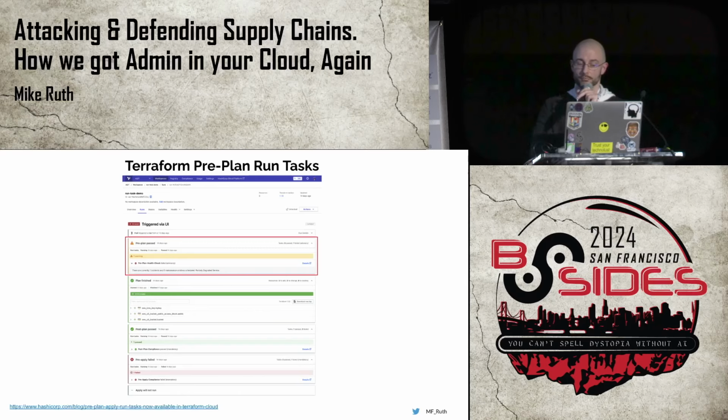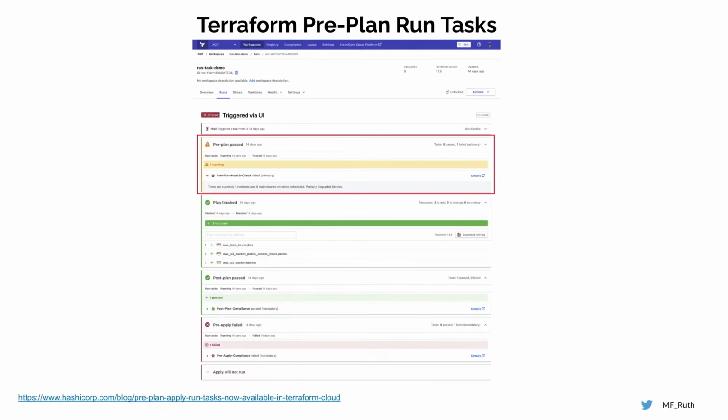Here's an example of the run tasks that exist. This is pulled from HashiCorp's documentation. We can see that now pre-plan does exist. So we could create our own run task or look to the industry for something that can go and look for unsafe policies. There are a lot of security companies that do have run task-based modules.